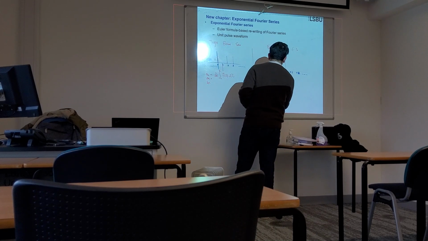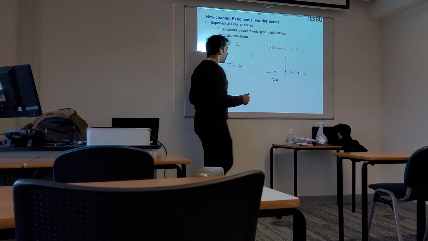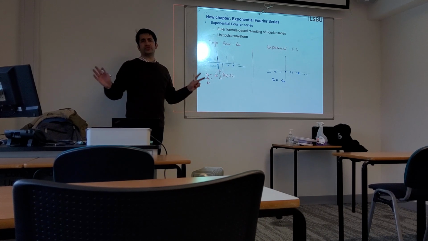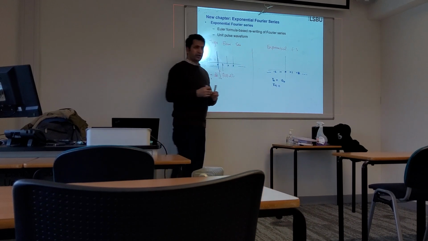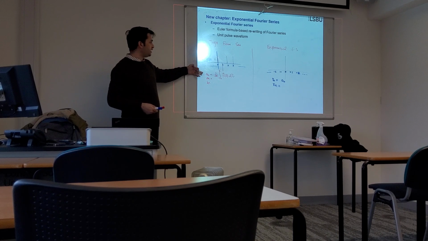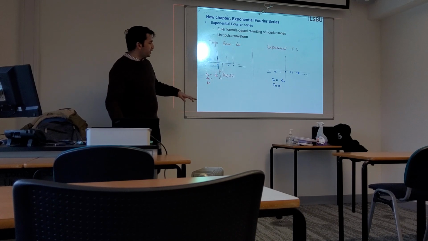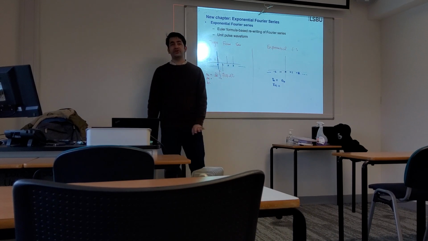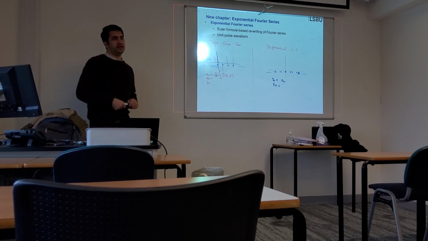We represent constants for the exponential series as r. So they have r naught, which is the same as a naught. R naught and a naught are the same in both series. But the difference will come when we have Rn. So in the trigonometric Fourier series, we have a naught, which is the DC level, we have an, and we have bn. But in the exponential Fourier series, we don't have an, we don't have bn, we only have Rn. And we will see what the formula for Rn is and how we're going to derive it.